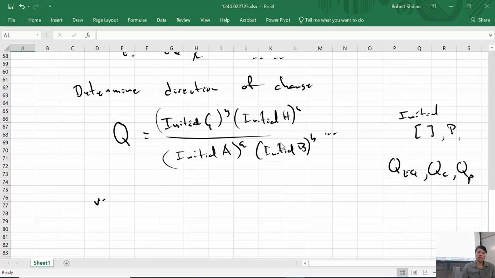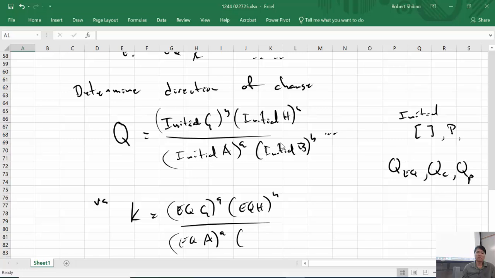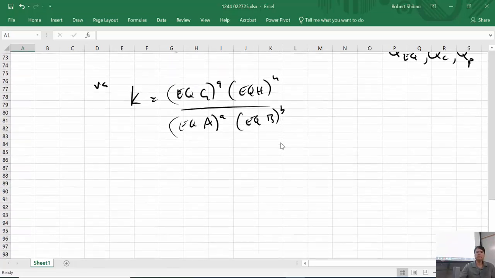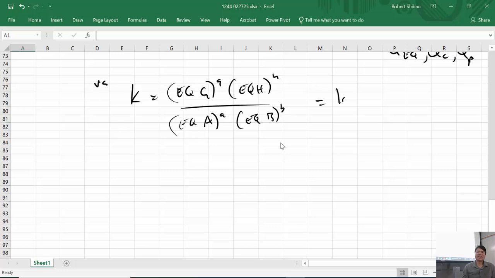K is the equilibrium G to the G, the equilibrium H to the H. It's the equilibrium values, whereas Q is the initial. So we just take the ratio of the initial. K values we look up in the table, look up or determine. If it's not in the table, then we're going to have to determine it one way or the other.